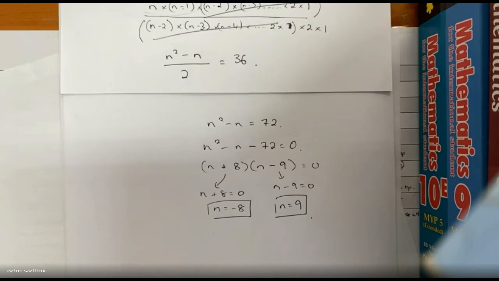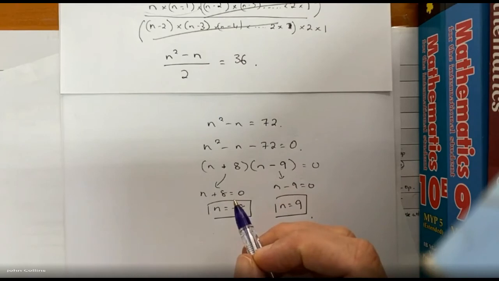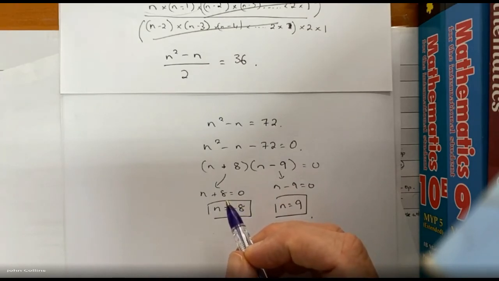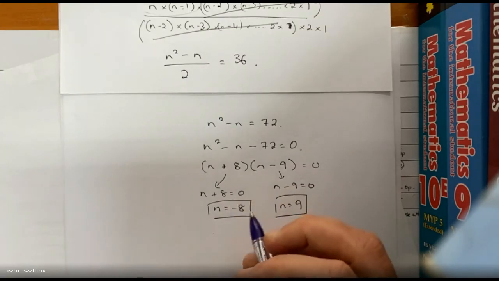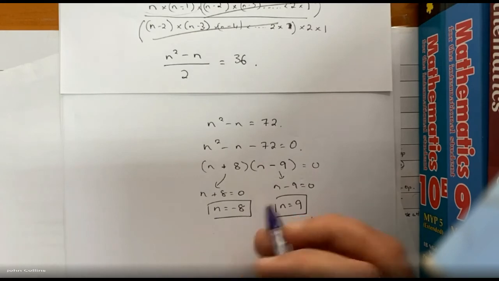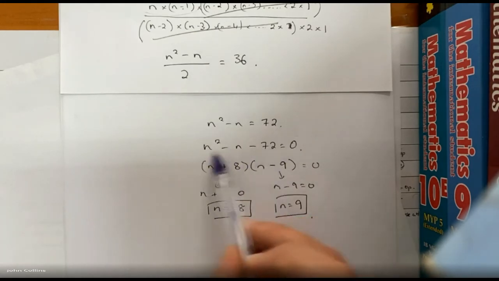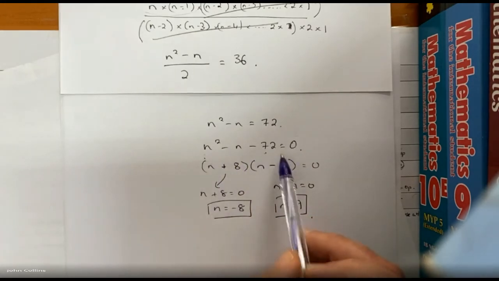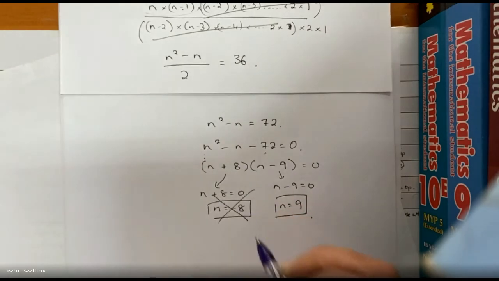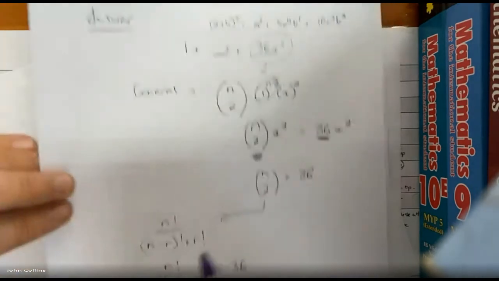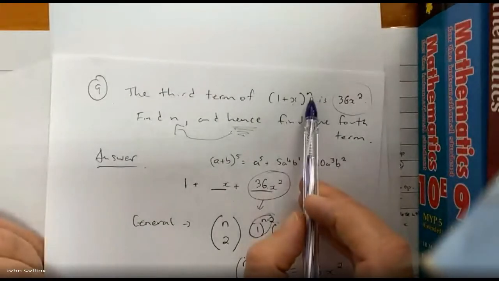Yeah, you keep the positive one. The negative one won't make sense. It is a solution that works for this particular quadratic, but it is not a solution that works when we're dealing with factorials and the power here.